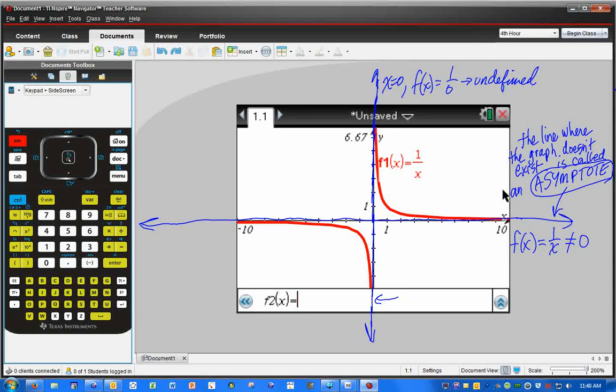Now, sometimes we have vertical asymptotes, we have horizontal asymptotes, and we have what we call oblique asymptotes, where we have a line that's diagonal. But those are for different types of functions. We're not going to worry about those quite yet. Well, we might see some here and there. But your study of asymptotes is going to be on the basic side in Algebra 2.